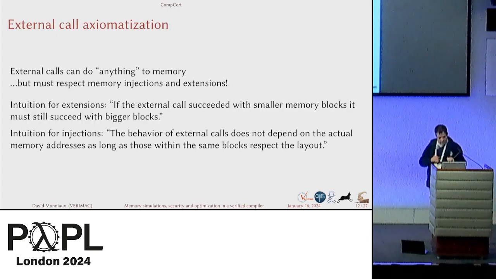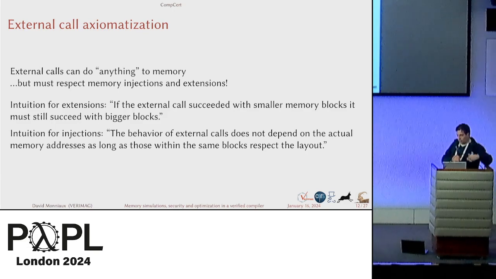I mentioned external calls. So what can external calls do in your memory? The axiomatization in CompCert is essentially that they can change things in memory almost completely freely.